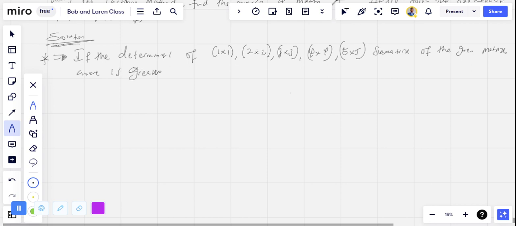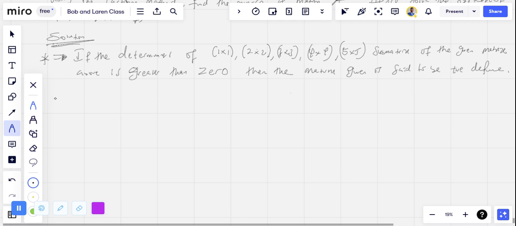So if it's greater than zero, you know what that means. If it is positive, then we say that the matrix given is said to be positive definite. So that's what it means.